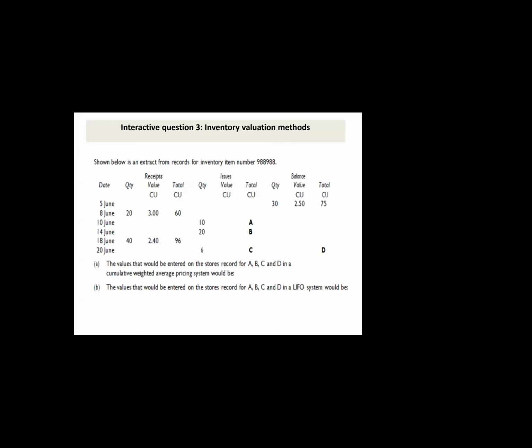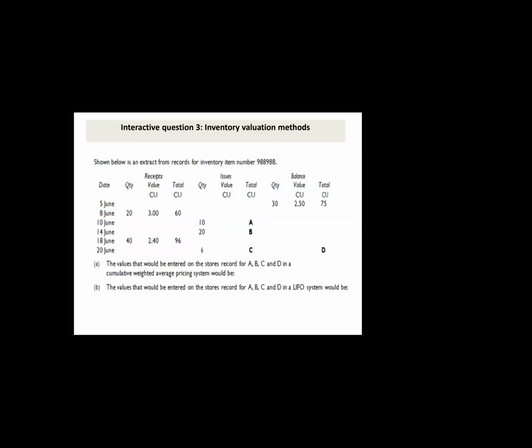So we will issue 10 units at the rate of 3: 10 into 3 equal to 30. Then on 14 June, 20 units issued. So the value of B would be 55. Please tell me the composition: 10 at 3.0 and 10 at 2.50.